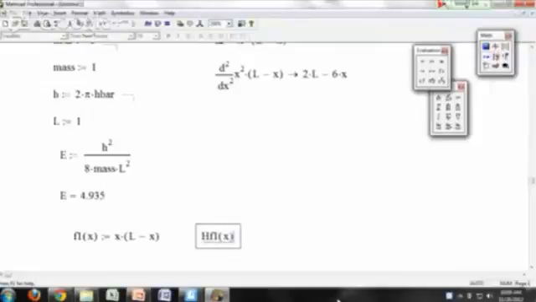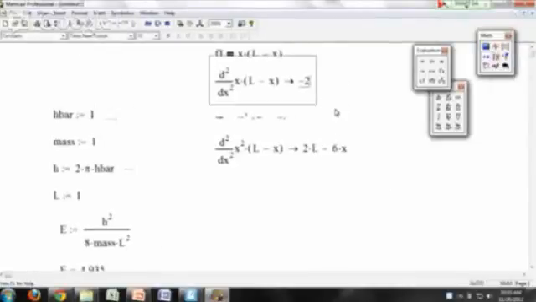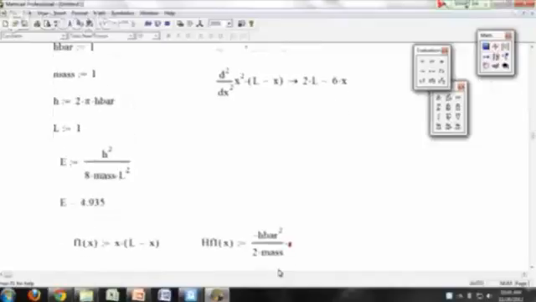Hamiltonian operating on function f1 is going to be equal to negative h bar squared over 2 times the mass times the second derivative, which is negative 2, right?